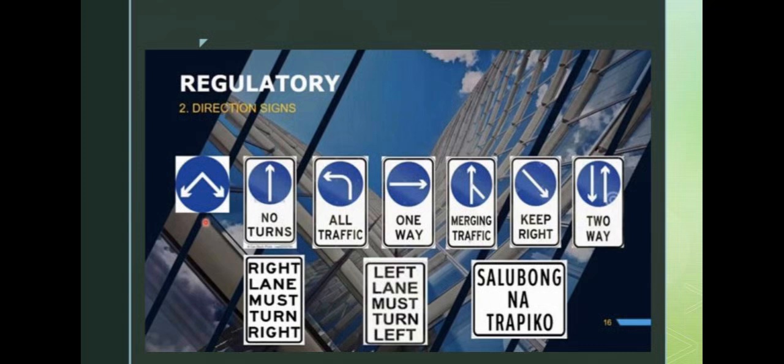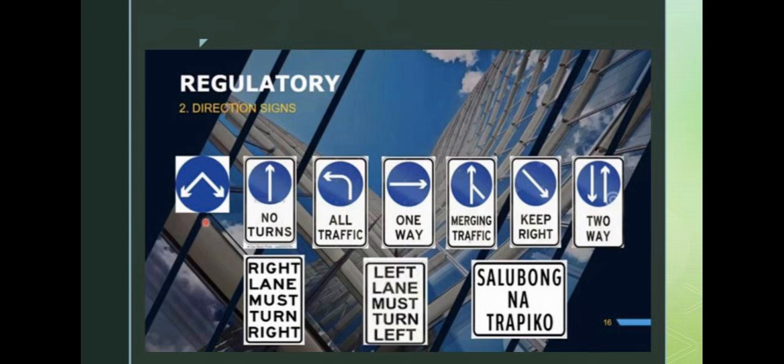So next are the direction signs. These signs indicate only the direction or directions which the motorist is obliged to follow. These signs have a blue reflectorized background and white reflectorized arrows, and they are normally used in conjunction with islands or at channeled intersections.